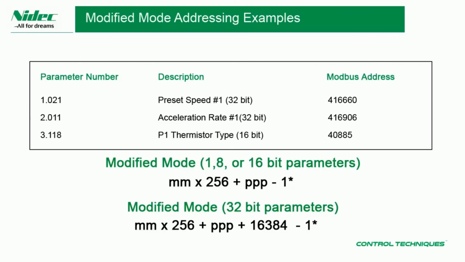Modified mode is used to address parameter numbers greater than parameter number 99. To use modified mode, you must set parameter number 13 and menu number 15 of your Ethernet interface to modified. In my example, I'm using a Digitax HD. Therefore, modified mode can be changed by entering slot number 3, menu 15, parameter 13.